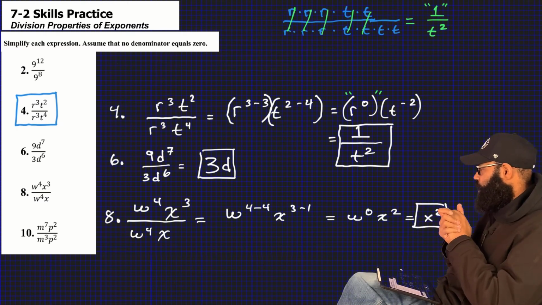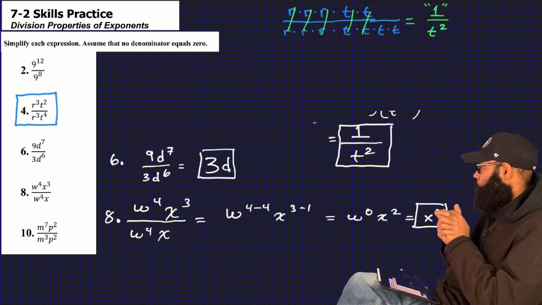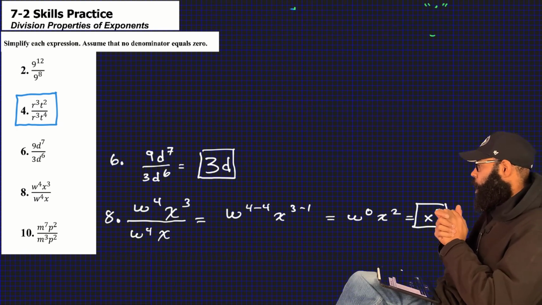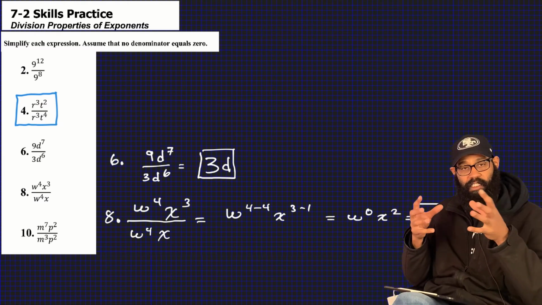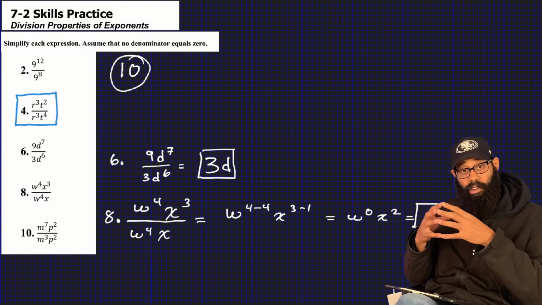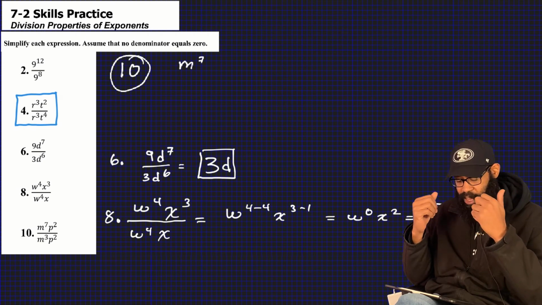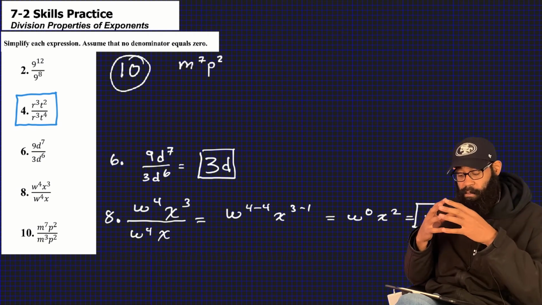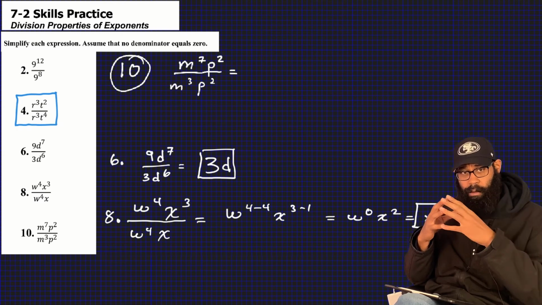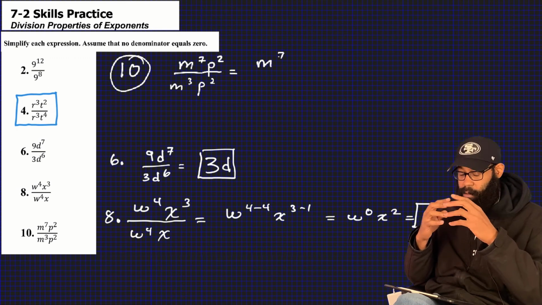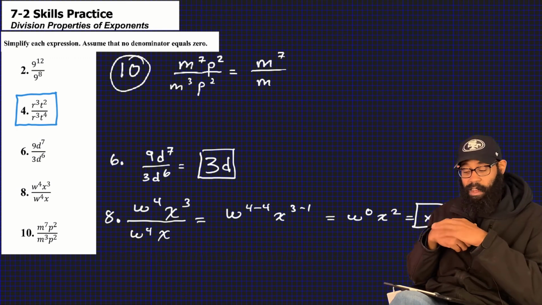Ooh, looks like I'm erasing. It's a lot of erasing. But instead, we need the rule. All right, guys, so as we're getting all that out of there, reminding us the exponent rule for this lesson is to subtract. As we take a look at number 10, I believe we're going to do a good job of recognizing the exponent for each variable. M, numerator, M to the 7th, B to the 2nd, M to the 3rd, B to the 2nd for the denominator.